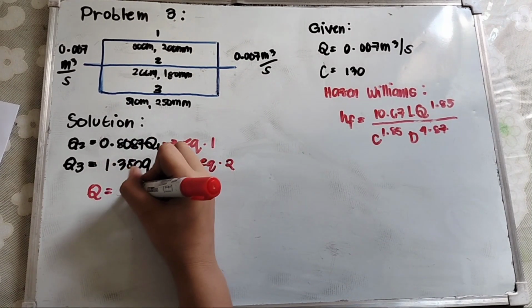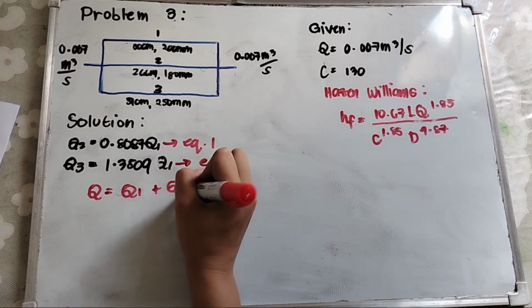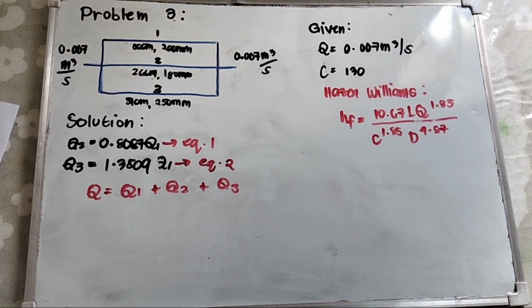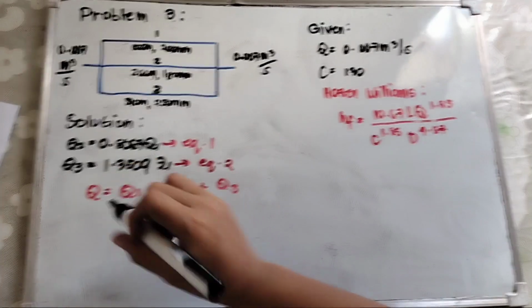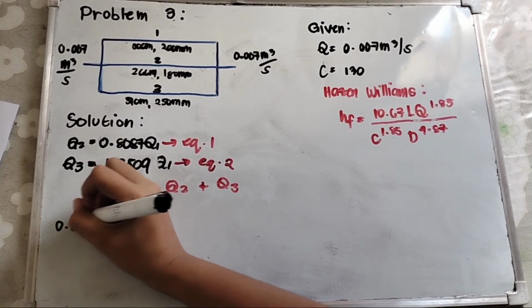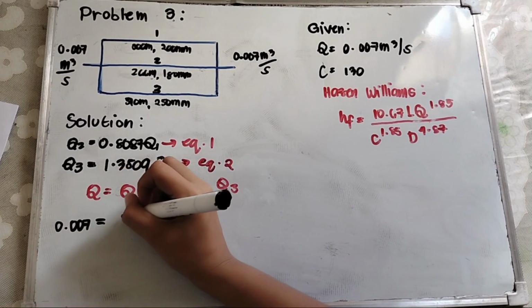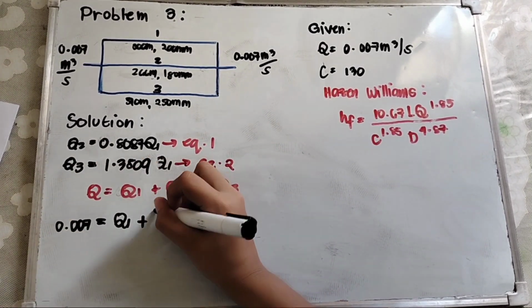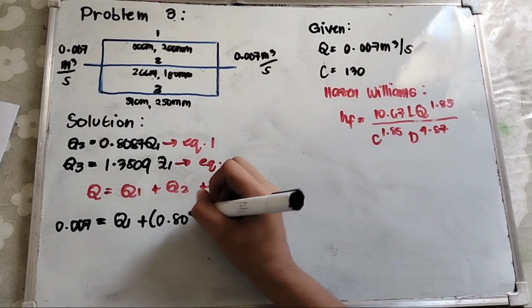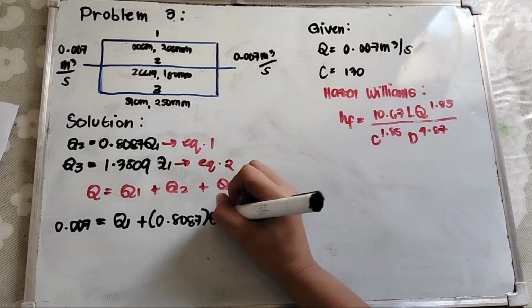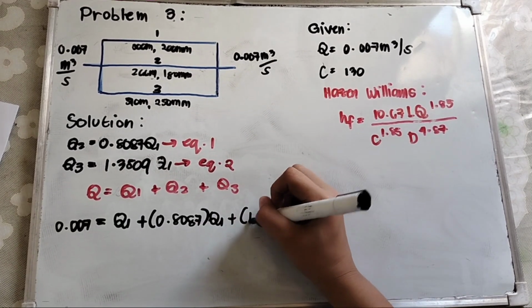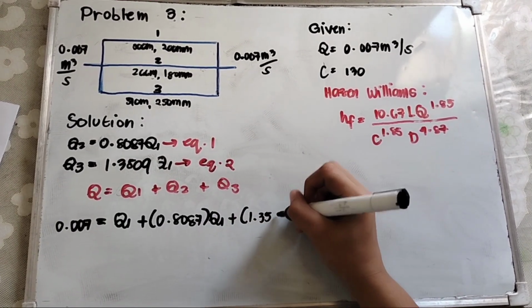Since we already have our two equations, we can now use the general formula, which is the total discharge is equal to Q sub 1 plus Q sub 2 plus Q sub 3. Now, substitute everything. We have a total discharge of 0.007 cubic meters per second equals Q sub 1 plus 0.8087 times Q sub 1 plus 1.3509 times Q sub 1.